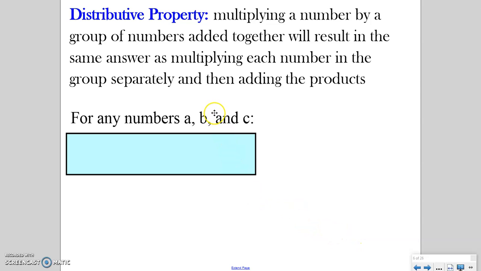Distributive property is multiplying a number by a group of numbers added together will result in the same number as multiplying each number in the group separately and then adding the products.